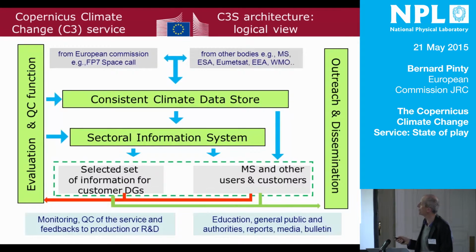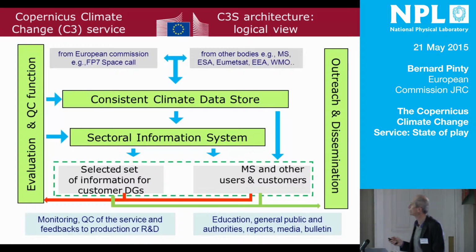Now, beyond these two blocks, it was very important to consider having this one, which is an evaluation and quality control function. This comes very well with the questions you're asking in this workshop. We want to make sure that the quality of what we do is something we can demonstrate and something that is built on solid grounds. And last but not least is outreach and dissemination.